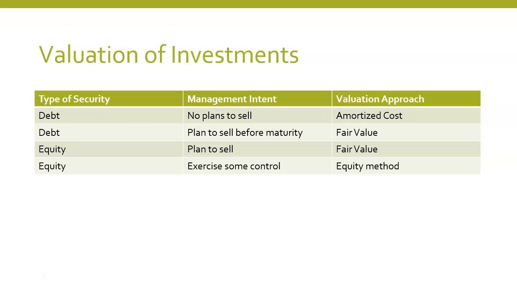But if management has no plans when they purchase the bond in the first place, now their plans may change, but right now when they purchase the bond, they have no plan to sell it later, then we're going to value it at amortized cost. And this is the same way that we did in chapter 14 when we studied bonds.